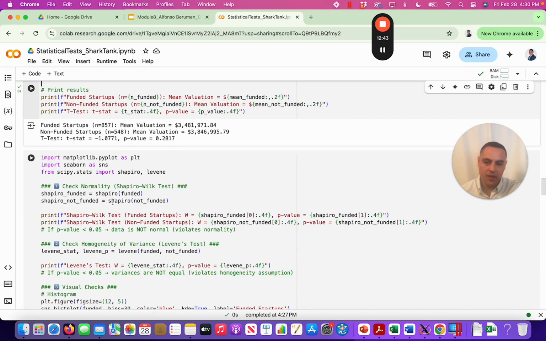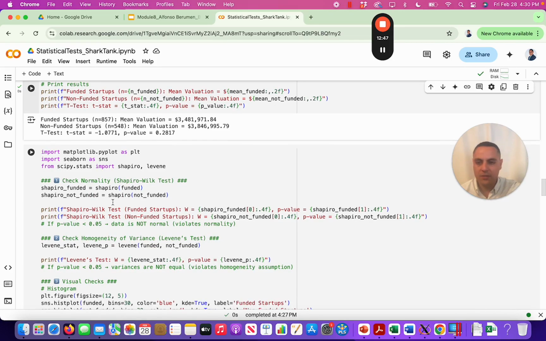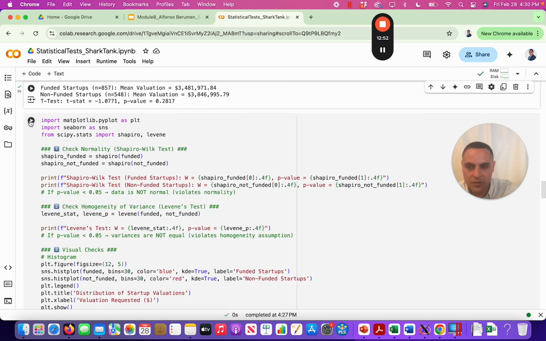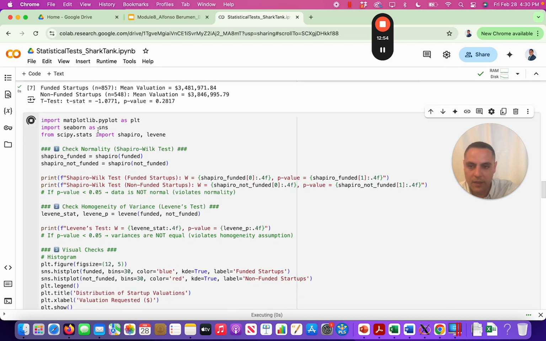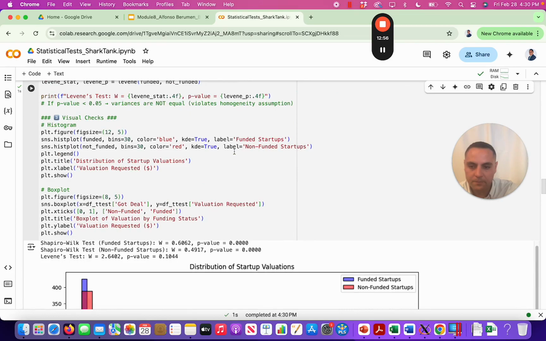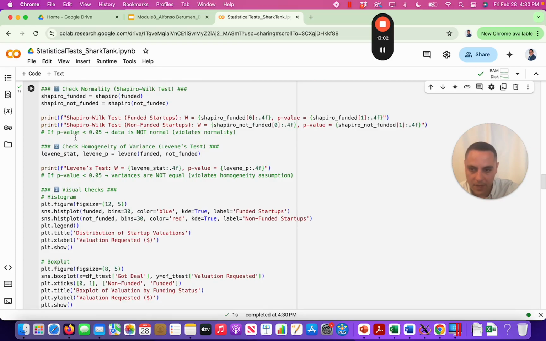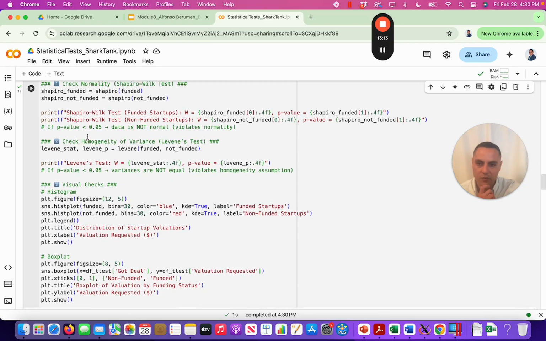We're going to check all these assumptions, but if we violate this normality assumption, it actually means that we have to use a different test. So we're going to evaluate these two assumptions and check out the distribution, and let's go ahead and run that. All right. So you can see that this first test, Shapiro-Wilk, is looking at normality, and if the p-value is less than 0.05, the data is not normal.